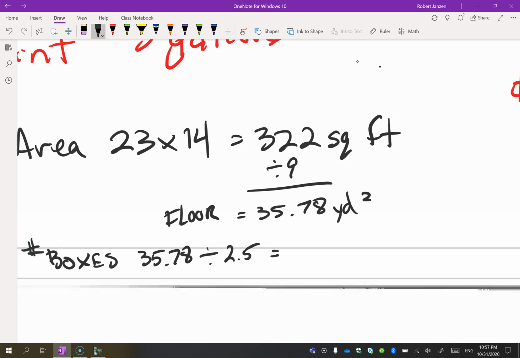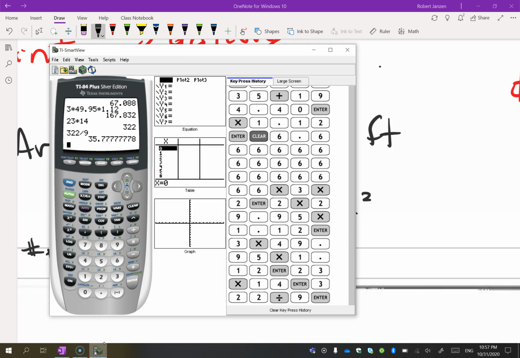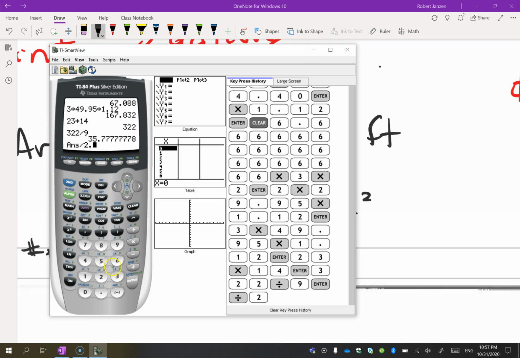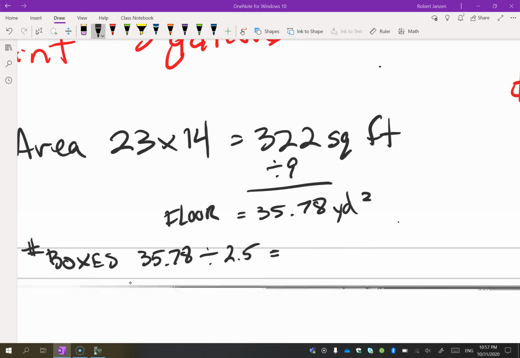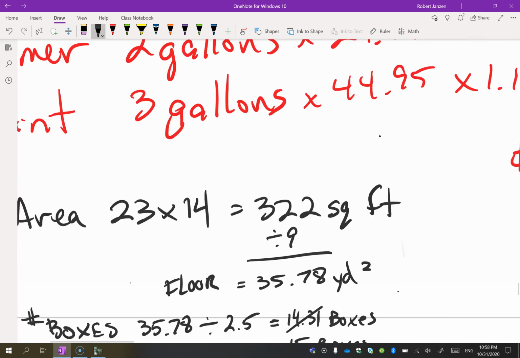This is going to be 14.311. Now, can you buy 0.3 boxes? No. So we need to buy 15 boxes of wood.